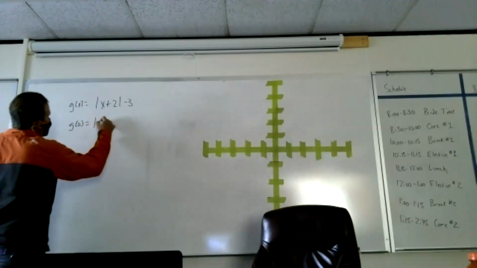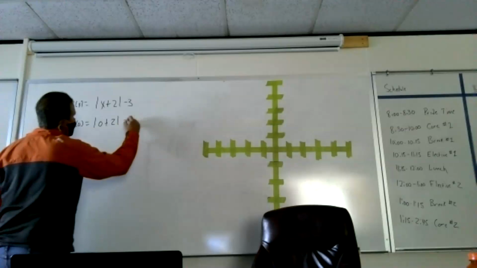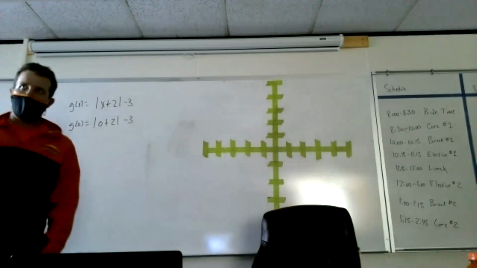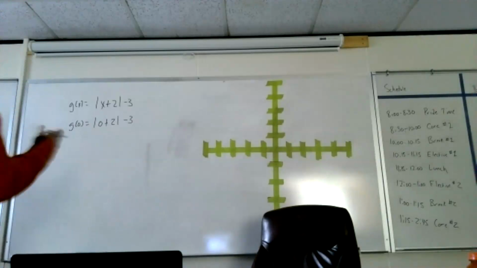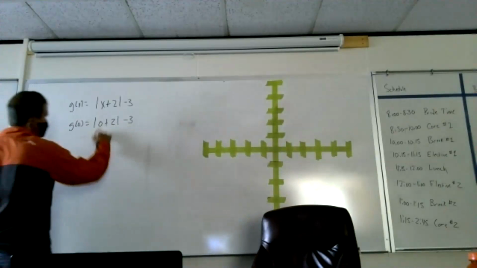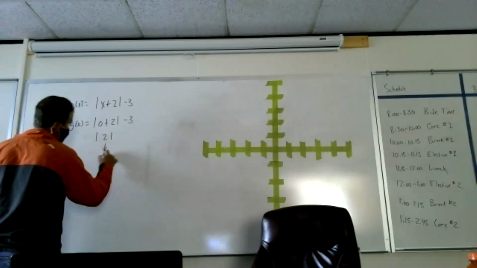is equal to the absolute value of 0 plus 2, minus 3. We treat the absolute value like parentheses. We handle any operation inside the absolute value first. So 0 plus 2 gives me the absolute value of 2, which is just 2.